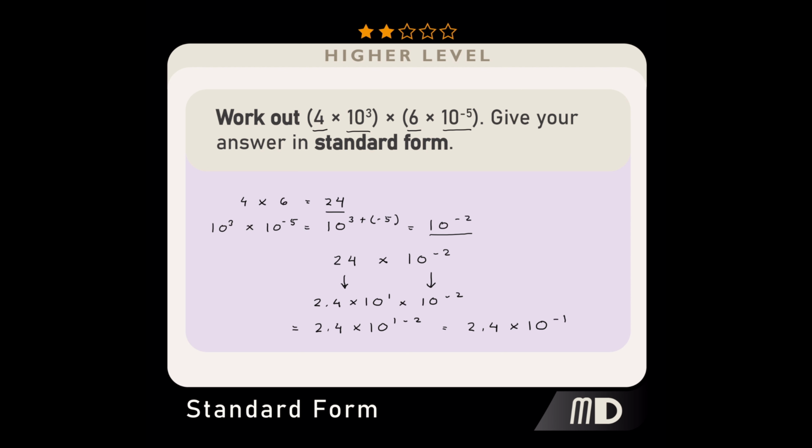So the product of 4 multiplied by 10 to the power of 3 and 6 multiplied by 10 to the power of -5, and the answer to this part of the question is 2.4 multiplied by 10 to the power of -1.